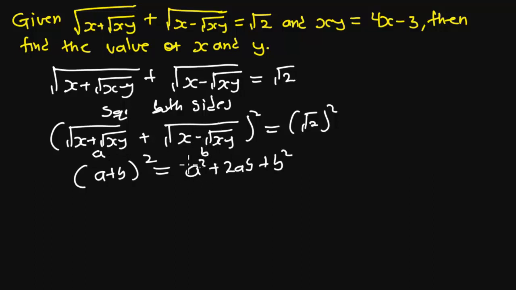So we have a squared. So we are going to have the first term, which is the square root of x plus the square root of xy all squared, plus 2 times ab.